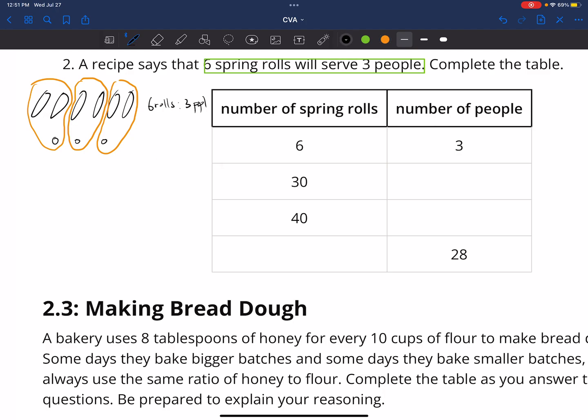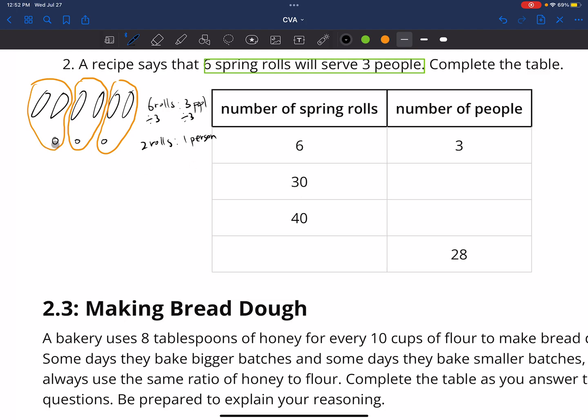Watch, if I divide this by 3 and divide this by 3, then 6 divided by 3 is 2 rolls, and 3 divided by 3 is just 1 person, which makes sense.